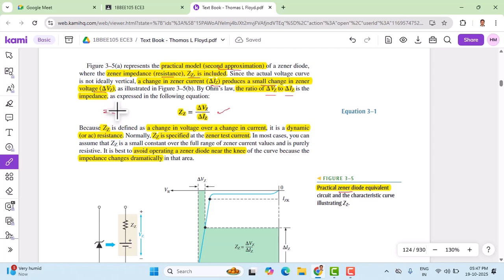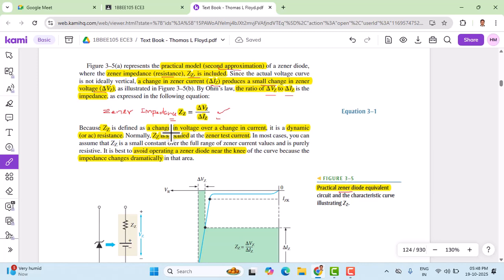This is Zener impedance, labeled as ZZ, and it's a ratio of change in the Zener voltage, delta VZ, to the change in Zener current, delta IZ. So that gives us the Zener impedance.